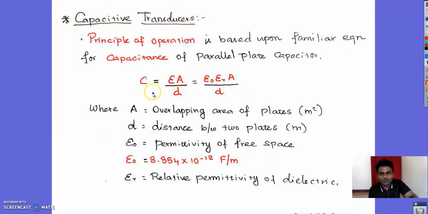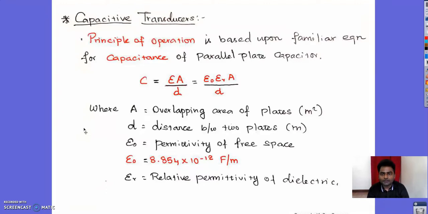So your equation will become C is equal to epsilon r into epsilon naught into A divided by D. Where A is the overlapping area of the plates, its unit is meter square, and D is the distance between the plates, its unit is meter. Epsilon naught is the permittivity of free space, as I said earlier, equal to 8.854 into 10 to the power minus 12 farad per meter, and epsilon r is the relative permittivity of the dielectric.